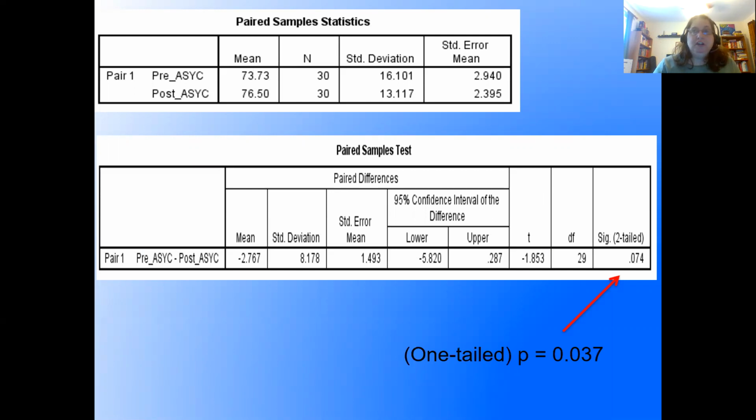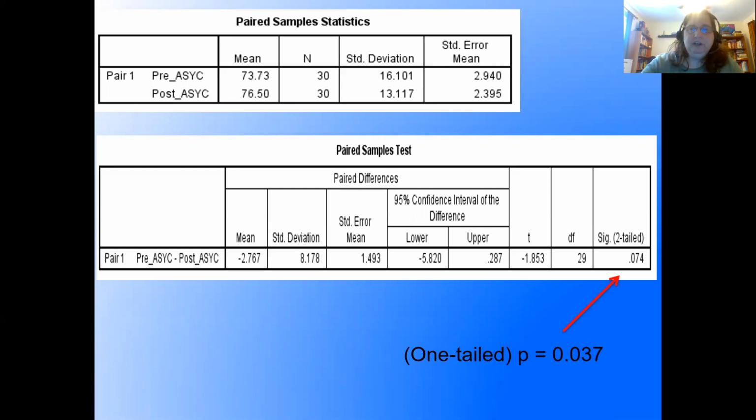No, it's not. So doesn't matter whether I divide this by 2 or divide it by 1,000,000, I'm never going to reject that null. So I can still report a p of 0.037, but I'm still not going to reject that null because this is in the wrong direction. I said pre would be higher. What happened? Post is higher.